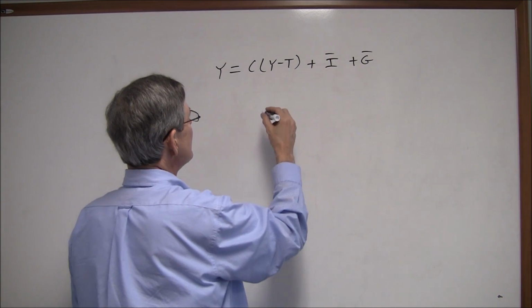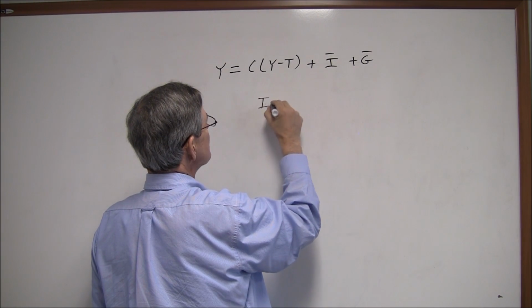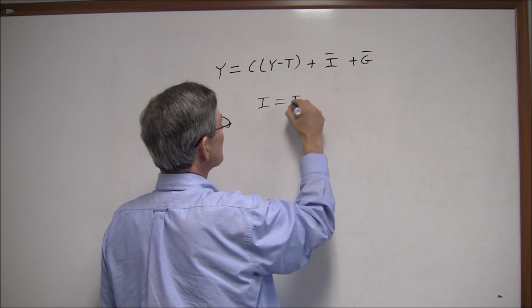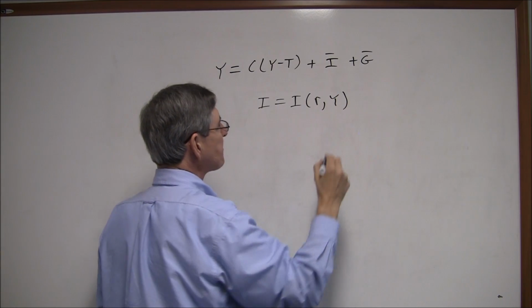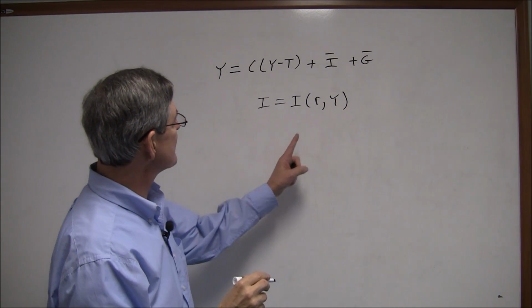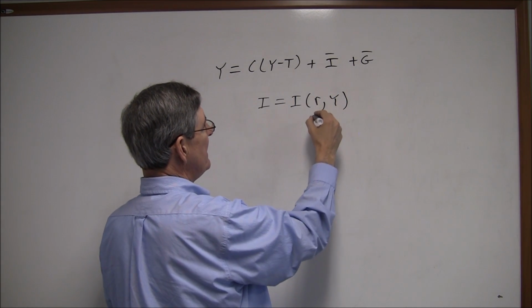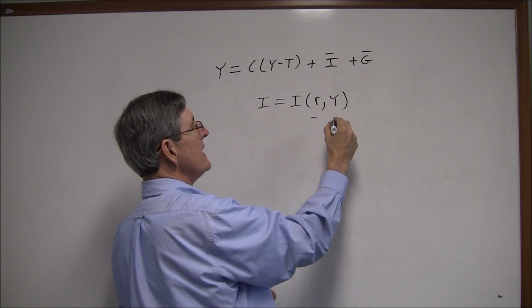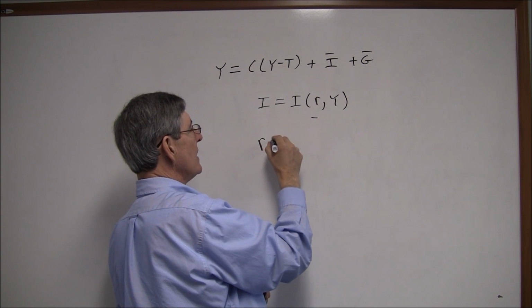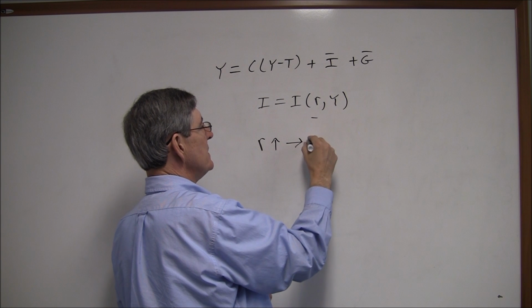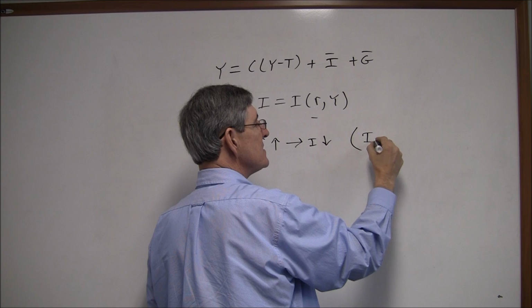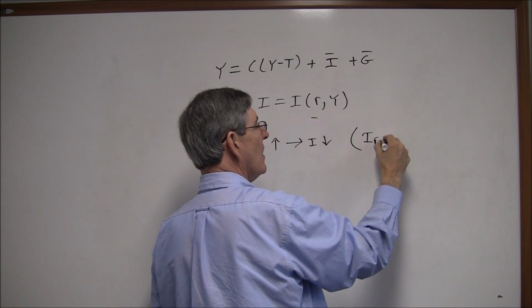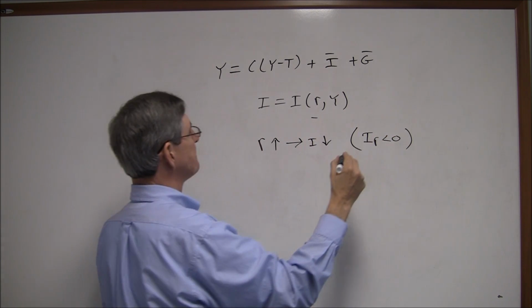So what we're going to say now is that investment is some function of the interest rate and income. And we're going to assume that as the interest rate goes up, investment goes down. So there's a negative relationship. So when R goes up, investment goes down. For those of you who've had calculus, what we're saying is the partial of I with respect to R is less than 0.